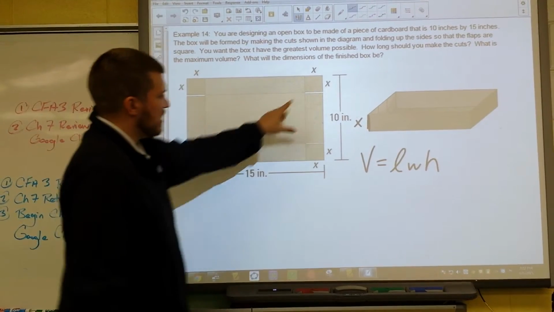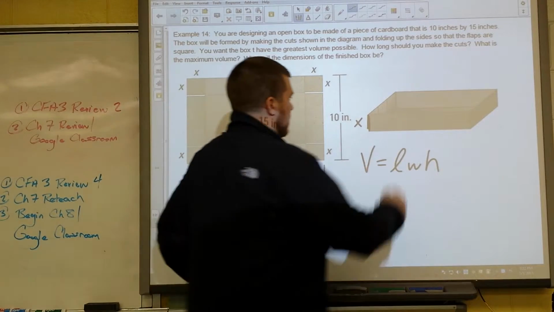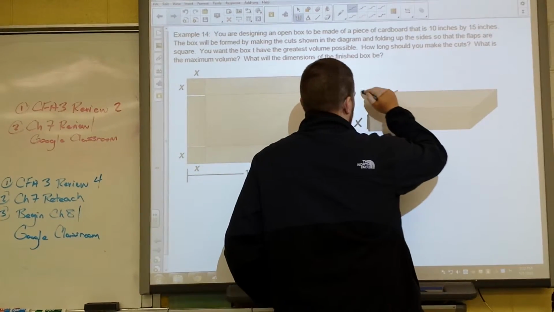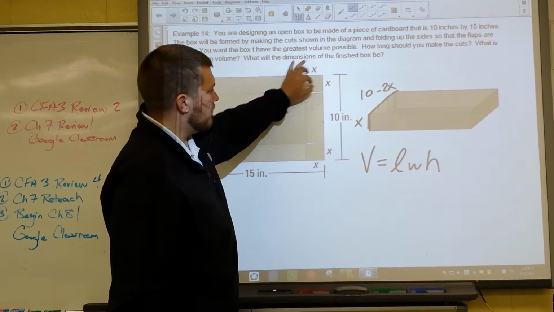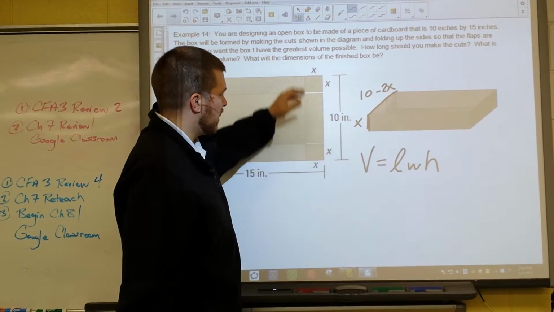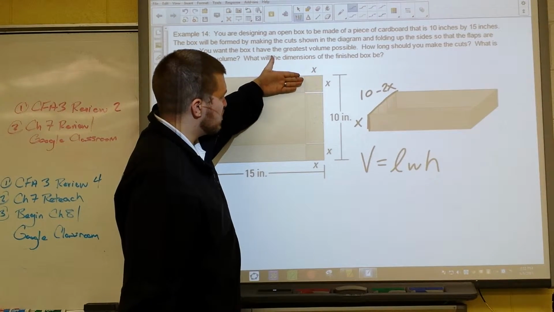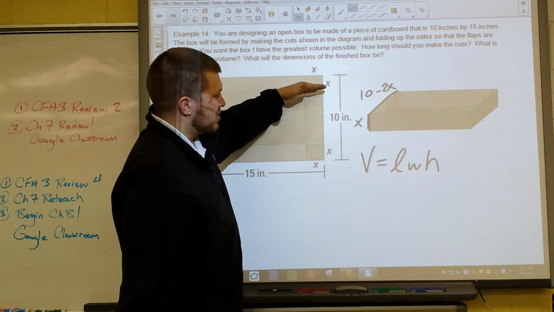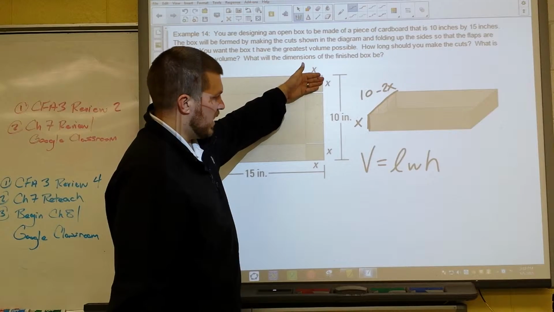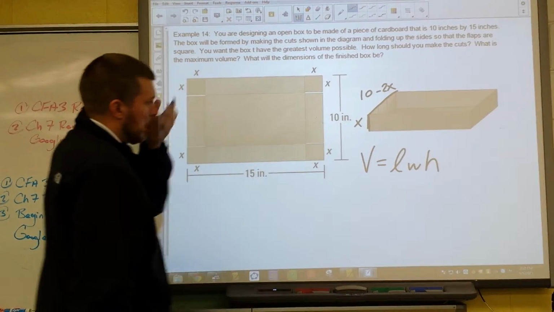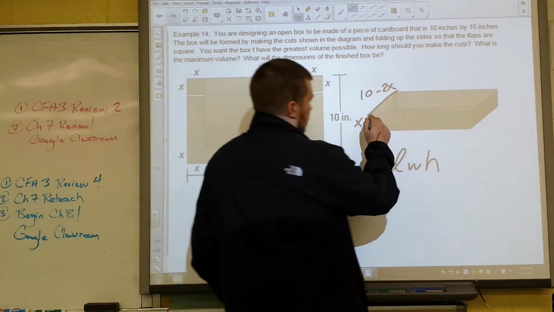From here to here is going to be 10 minus 2x. And I'm saying minus 2x because I'm folding that piece up. If you imagine folding it, that's going to be standing on its end. So really it's not exactly 10. You're taking away x. I'm taking away x here. And then finally this last piece is going to be a similar idea.